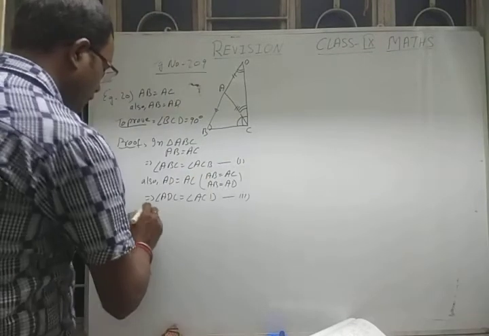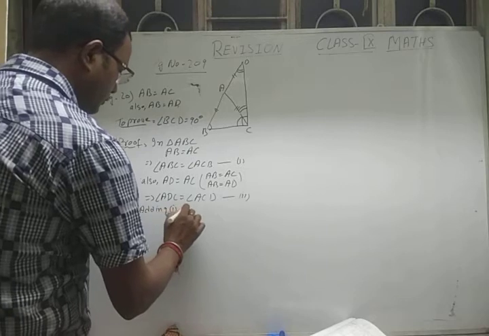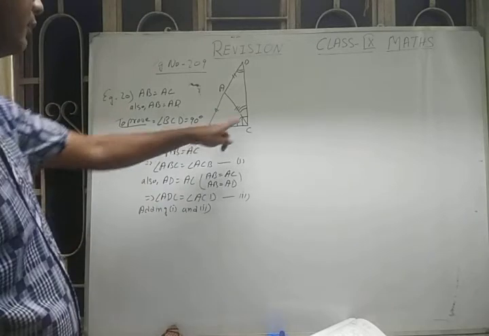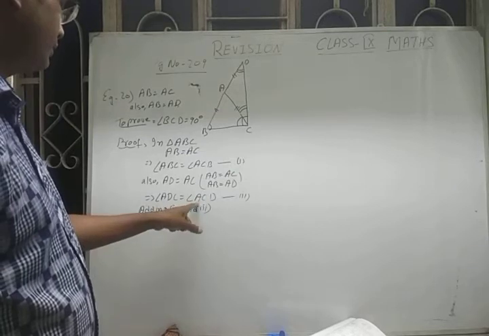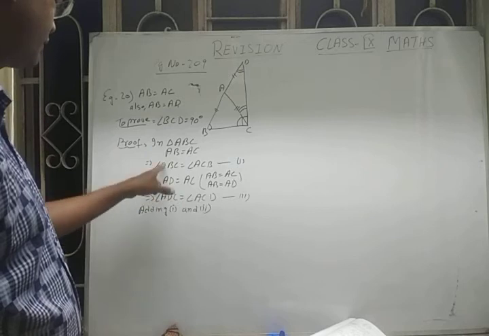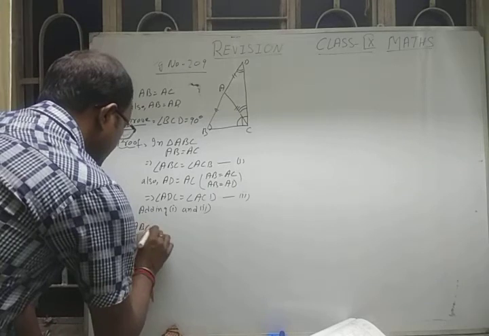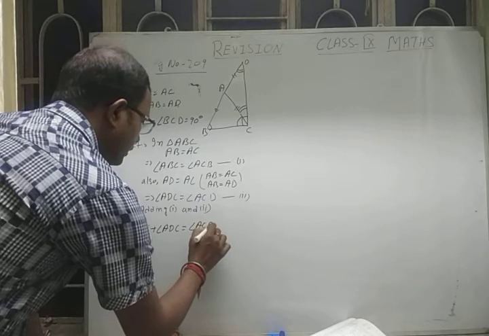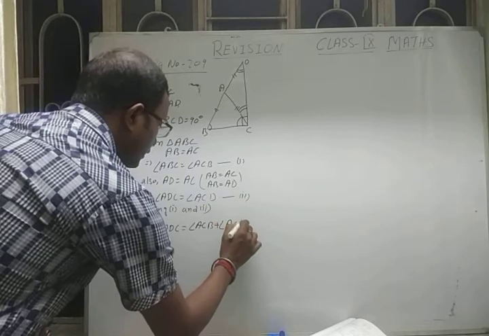Now you do the adding of 1 and 2. Adding 1 and 2, when you add this angle with this angle, what will you write? ACD plus ACB. So these two angles plus these two angles. So you can write angle ABC plus angle ADC is equal to angle ACB plus angle ACD.